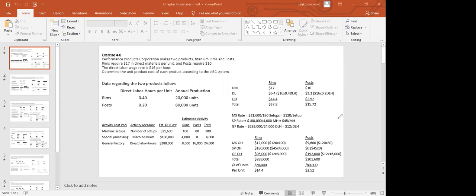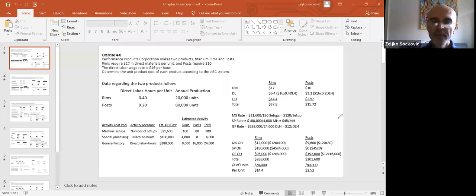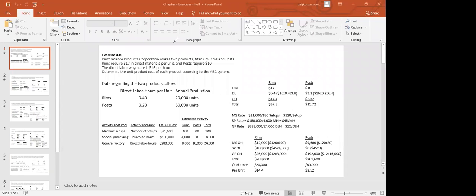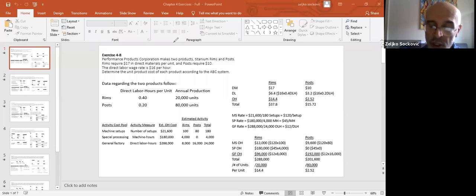I'm in chapter 3 right now. Okay. Did anyone cover chapter 4 actually? Is it activity cost? Chapter 4 talks about CMR, right? Chapter 4 talks about what?